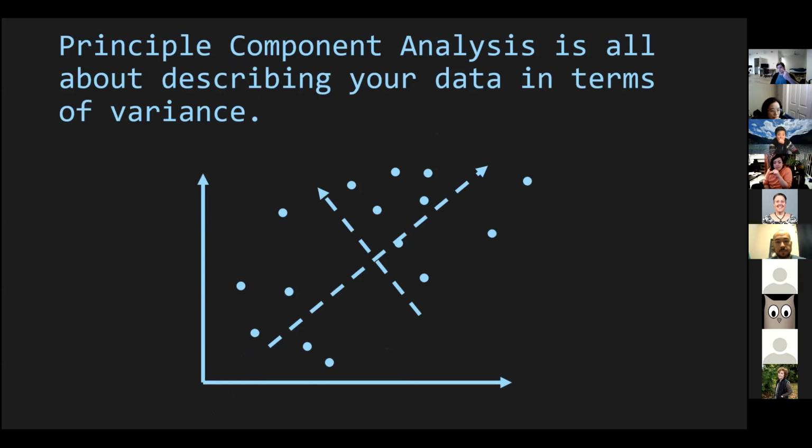And then from there, we figure out, okay, orthogonal to this line, what is the next line that we can draw that best describes the variance in the data? In this case, we're constrained because of 2 dimensions. But if it was in 3 dimensions, we'd have an entire plane to work with. In well above 3 dimensions, in n dimensions, we draw our first line. After that, we have n-1 dimensions to work with.